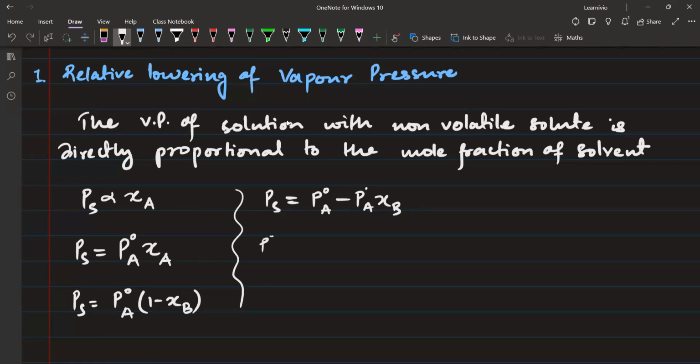So we'll have P naught A into chi B equal to P naught A minus P solution. This part here, try to understand it carefully.